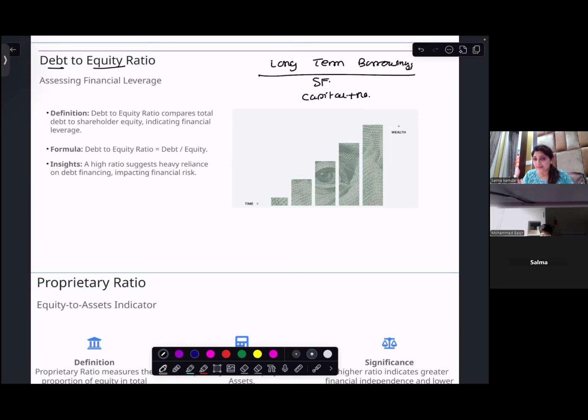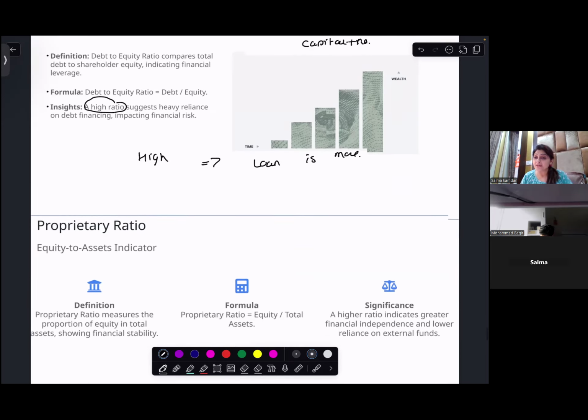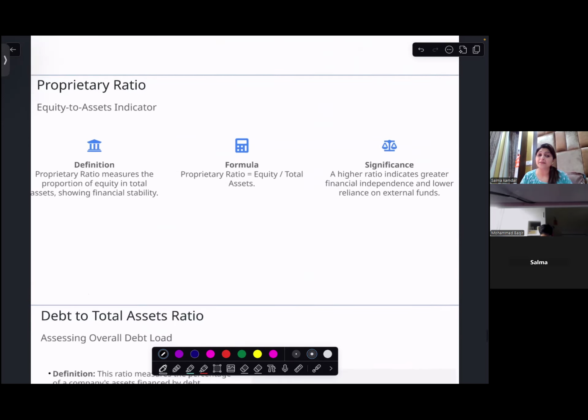If the debt to equity ratio is high, what does this mean? If the debt to equity ratio is high, that means your loan is more. That means you are at more risk. You are running your company with other people's money.